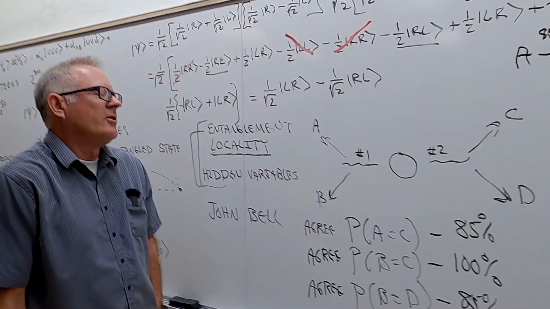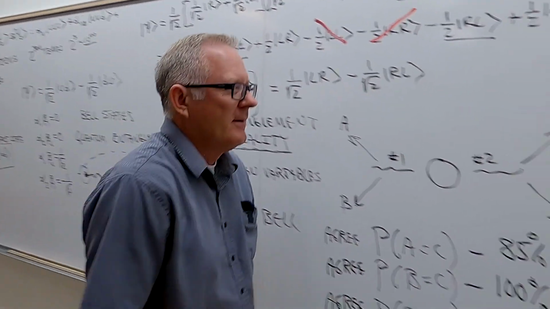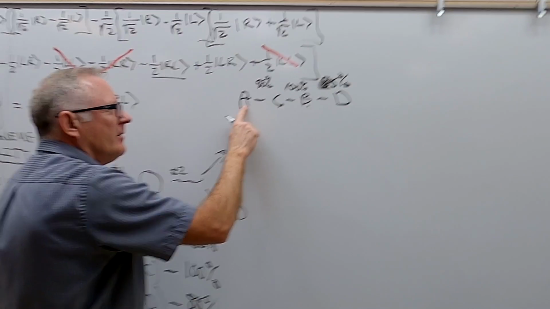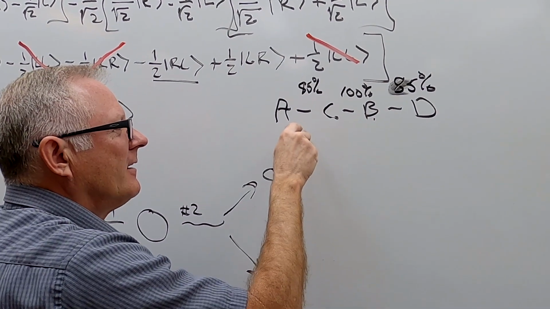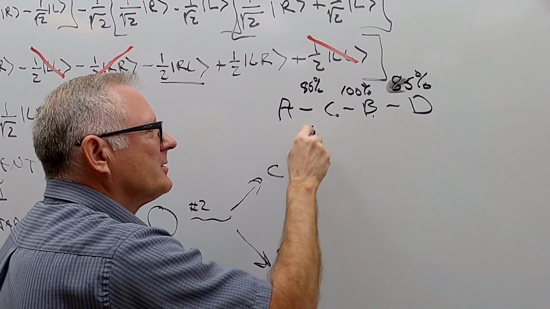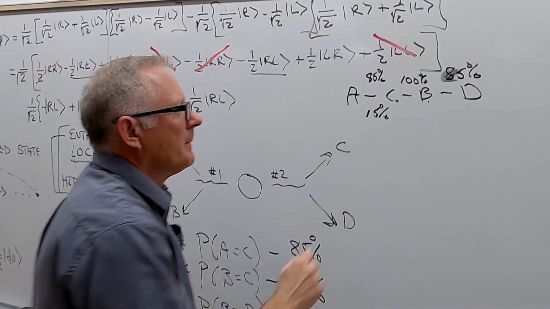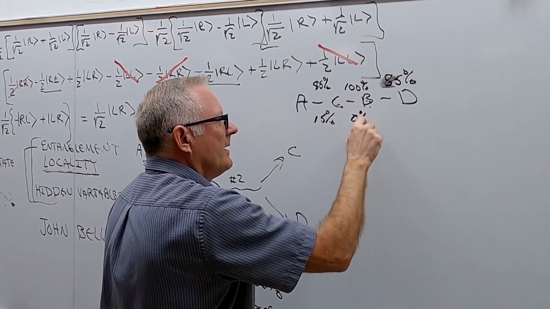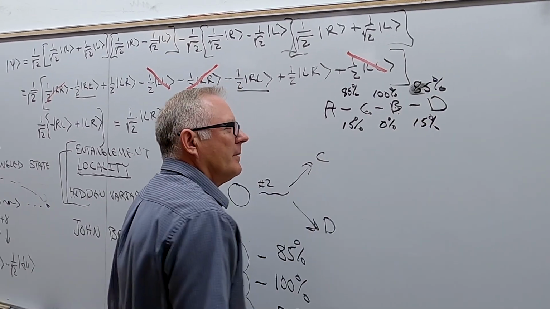Now, one way we could do it is not say how much they agree, but how much they disagree. Where does all the disagreement come from? Here, you notice they disagree 15% of the time. So there's already at least a 15% disagreement right there. And there's zero disagreement here, and across here, there's another 15% disagreement.